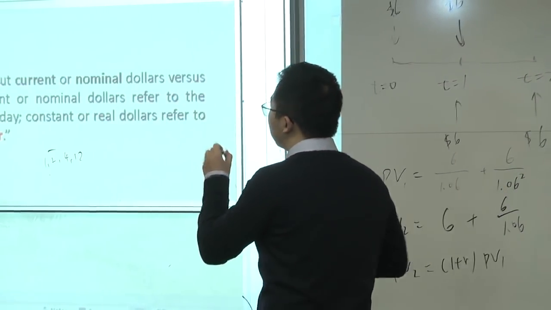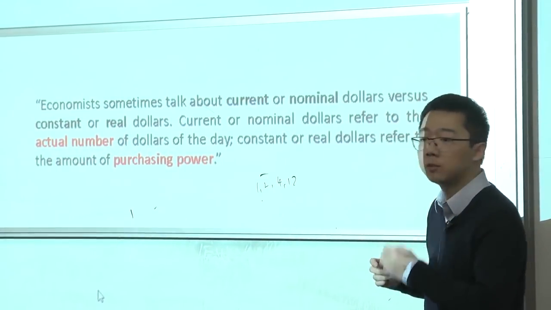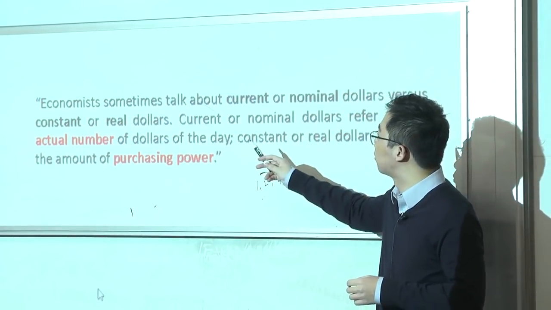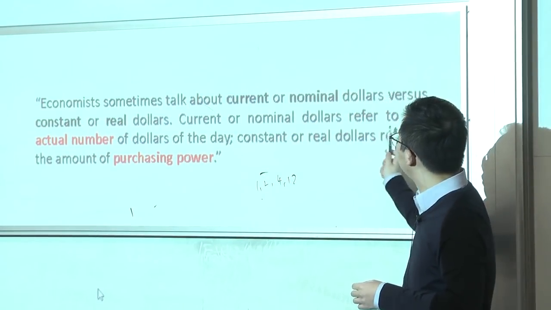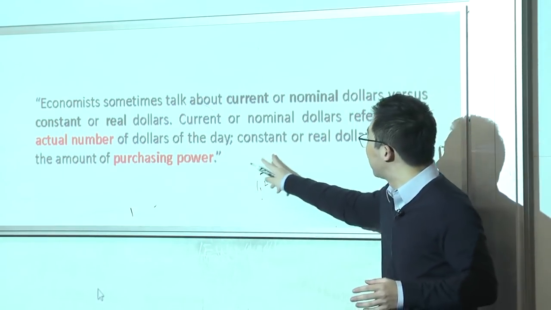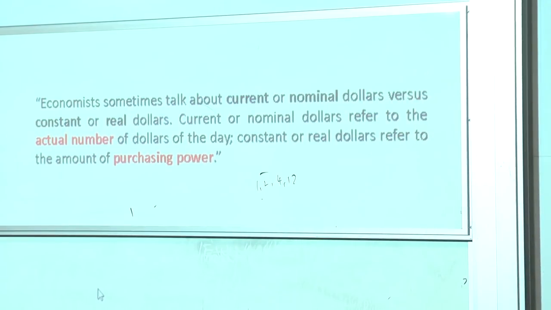So what is the real return, or real dollars, versus the nominal dollar or nominal return? Current or nominal dollars versus constant or real dollars. Current or nominal dollars refer to the actual number of dollars, just how many dollars, right? And constant or real dollars refer to the purchasing power. So when you are measuring your return from an investment, you may be more likely to calculate real return instead of nominal return.